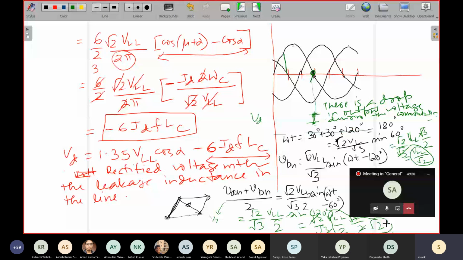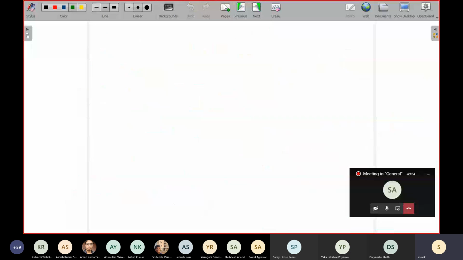I want to touch upon a small topic. I am always saying that the firing angle is here, right? How do you fire? I have always said 1, 2, 3, 4, 5, 6.